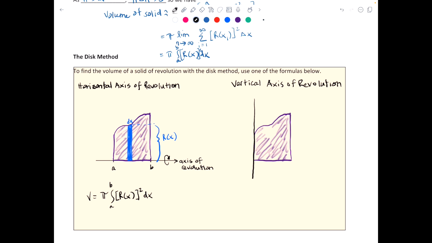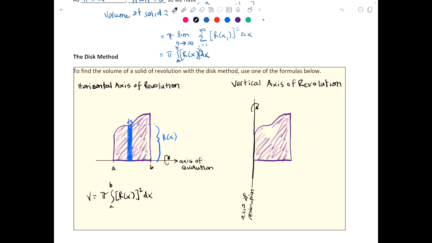So now this guy is the way we're rotating. And this is our axis of revolution.